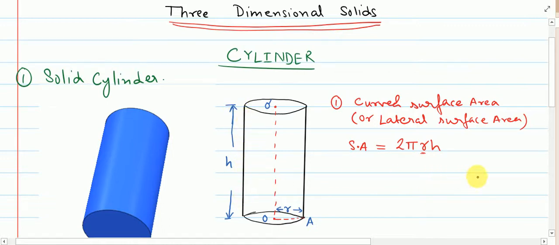When I say curved surface area, we are talking about this outer area. We are not talking about the top and bottom.